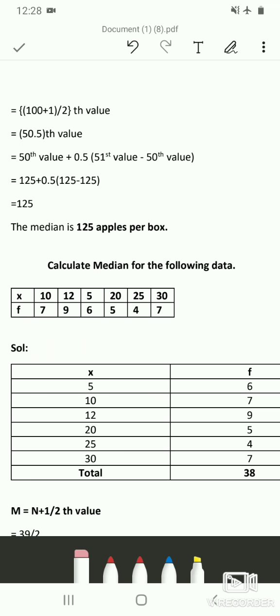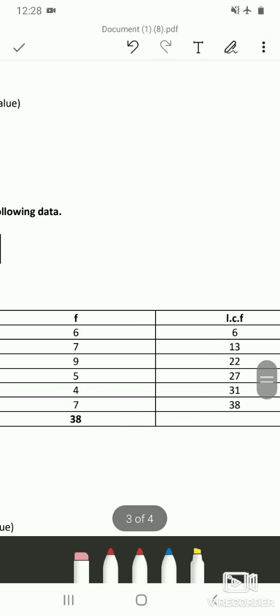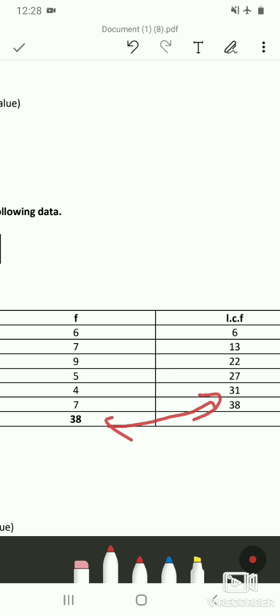After you're done arranging the data, the next step is calculating the LCF, and verify that both the values are the same. If not, then you have gone wrong somewhere in calculating the less than cumulative frequency. After calculating the LCF, we get to know the capital N value.